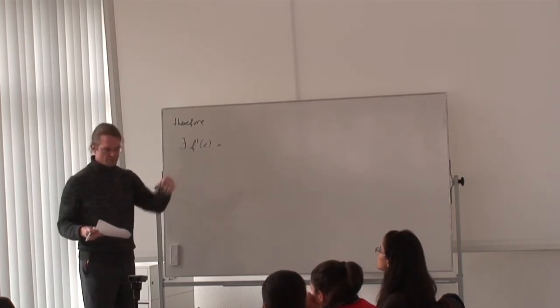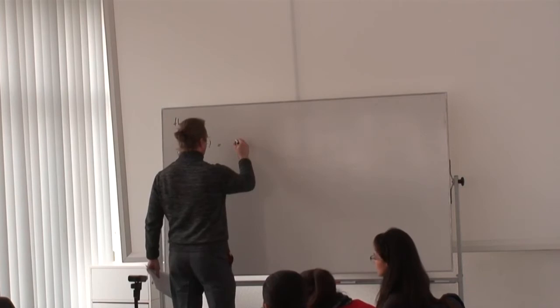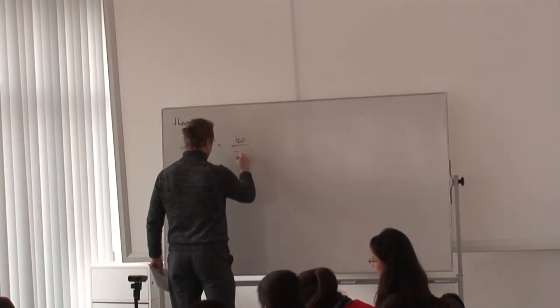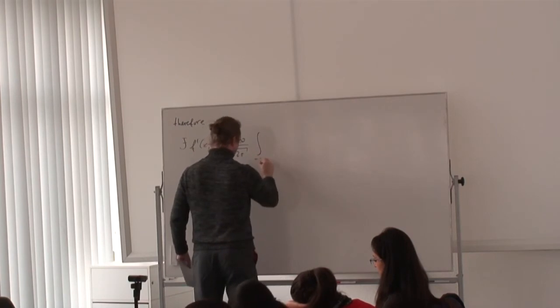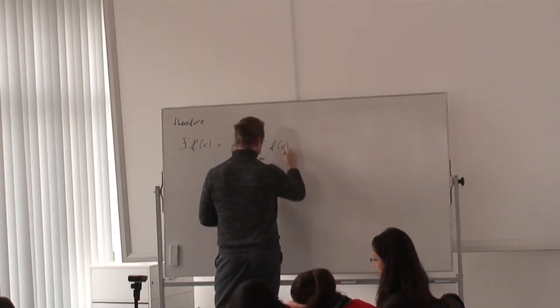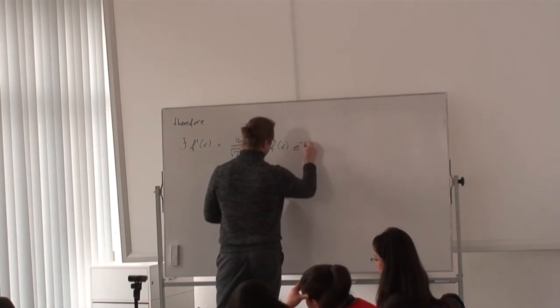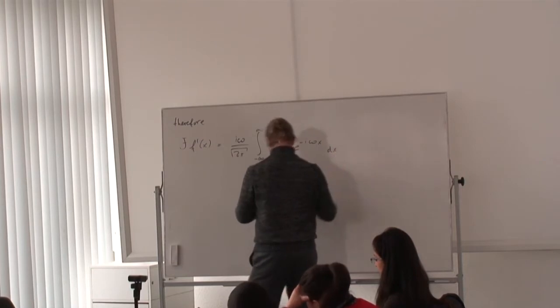So we had minus something minus. The minus goes away, we have I omega over the square root of 2 pi times the integral from minus infinity to infinity f of x e to the minus I omega x dx.